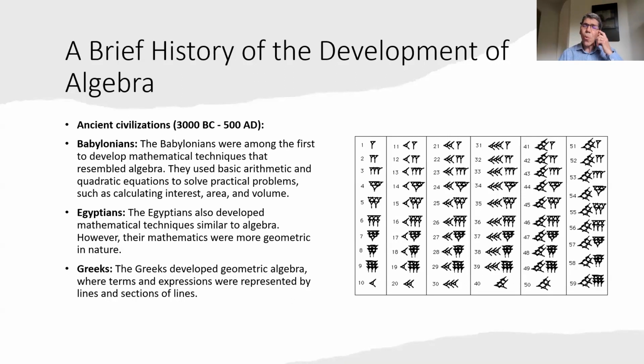And what do you think was the drive for developing mathematics, for counting things? What do you think was the main reason for people to be able to count or to develop mathematics?